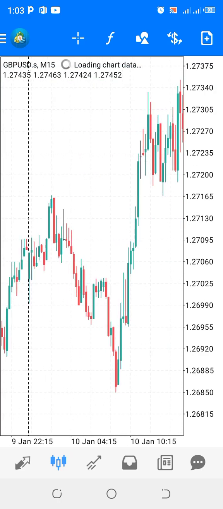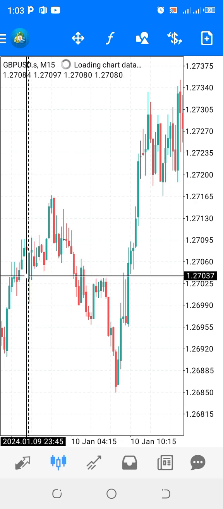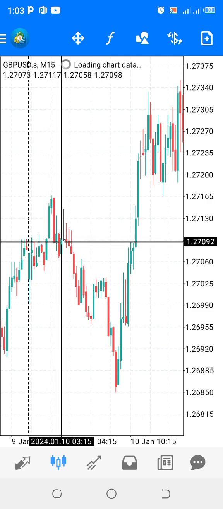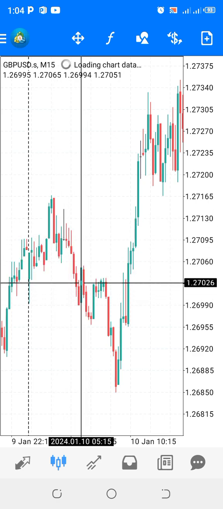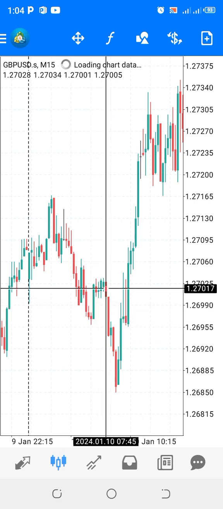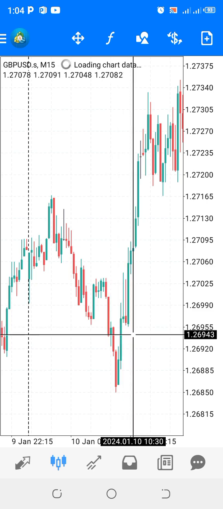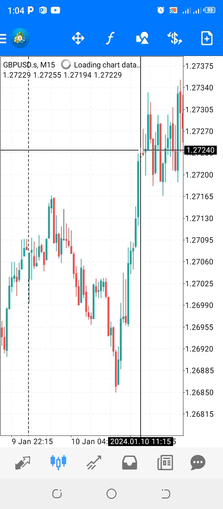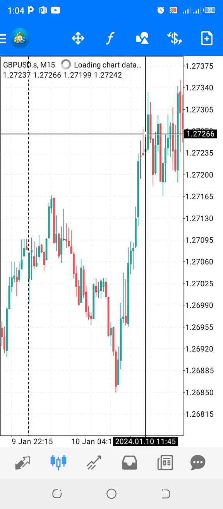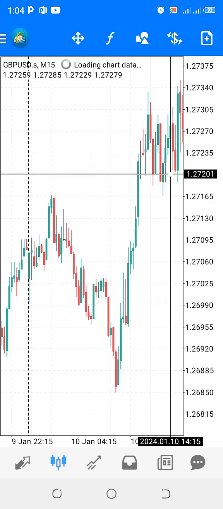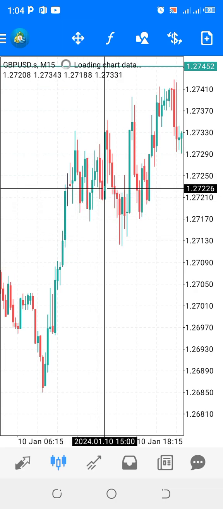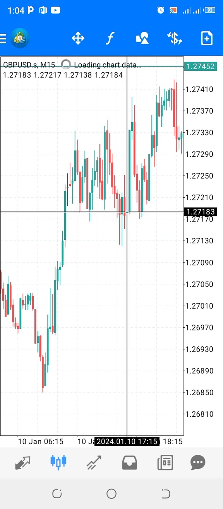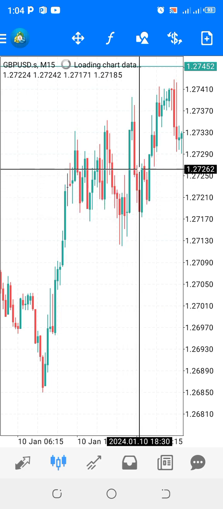Now we'll do that again, looking back at the previous day. String, break, string, impulse, break, break, break, break, indecision, impulse, break, impulse, break, break, impulse, string, break, string, break, impulse, break, impulse, indecision, break, string, break, impulse, string, break, impulse, break, break, impulse, break, string.